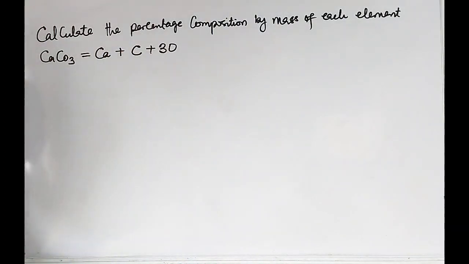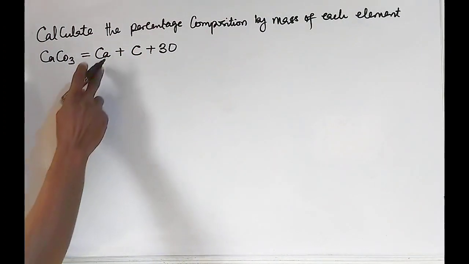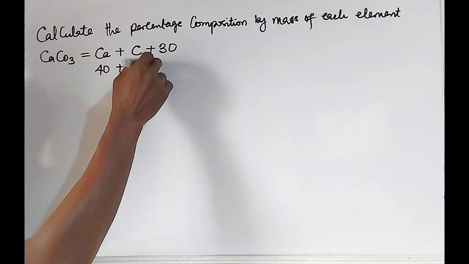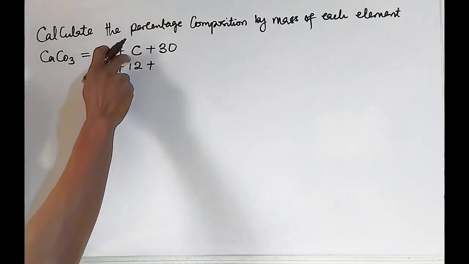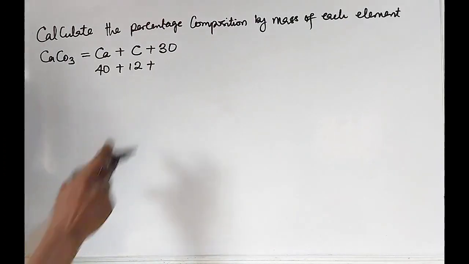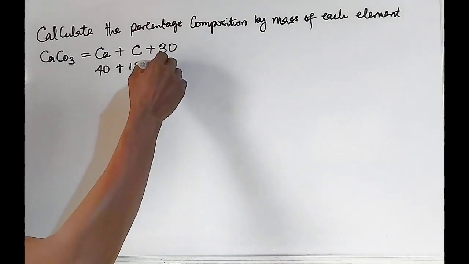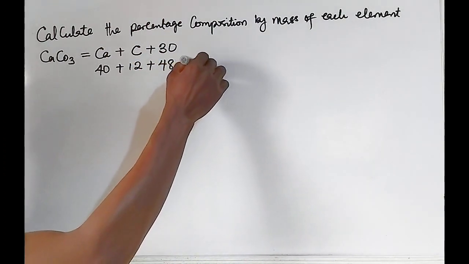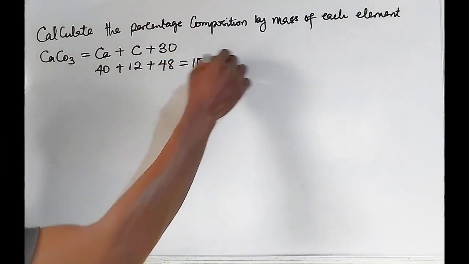We know that the atomic mass of calcium is 40, that of carbon is 12, and for oxygen it is 16, and 3 times 16 will give us 48. When we add all this together, it gives us 100 grams.